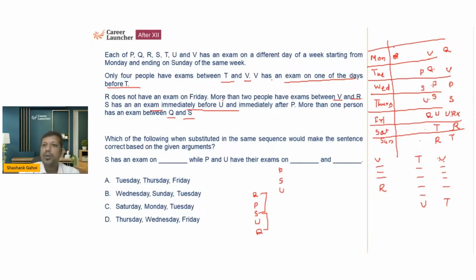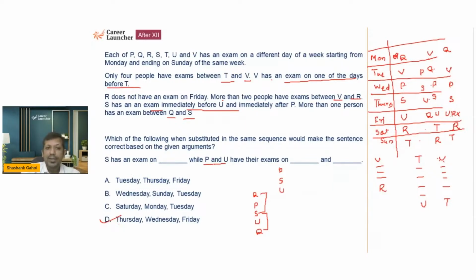So basically, my only possible arrangement is going to be Q, V, P, S, U, R, and T. Now, I can say that S has exam on Thursday, while P and U have their exam on Wednesday and Friday. So I'm going to get my answer as option D.